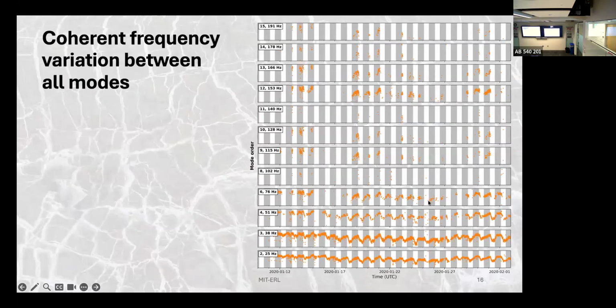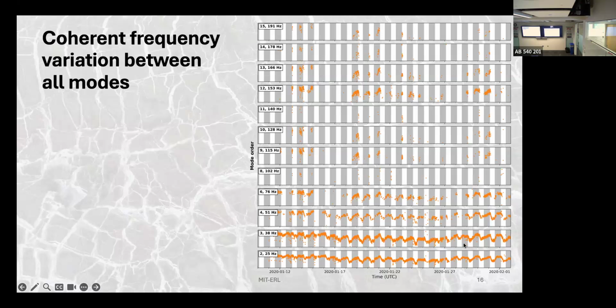And so here I'm showing the frequency variation of all the 12 observable modes over the 21-day period of the geophone observation. You can see that their frequency variations are perfectly correlated. Here the dark and light stripes show day and night times, so that you can see the diurnal frequency variation more clearly.